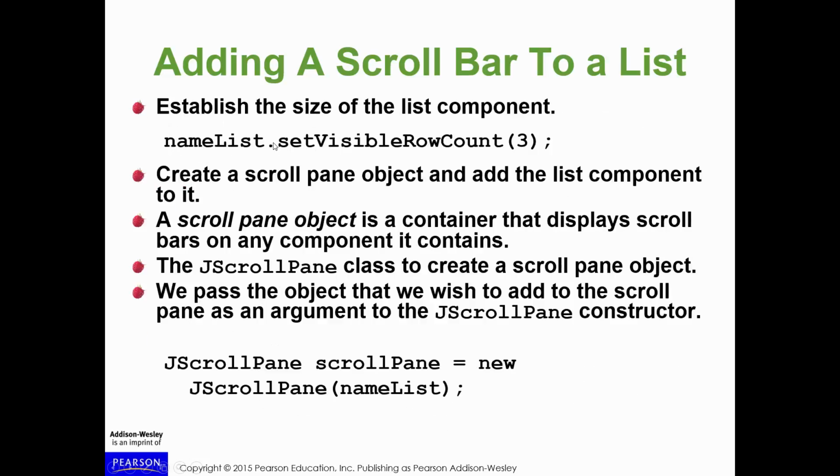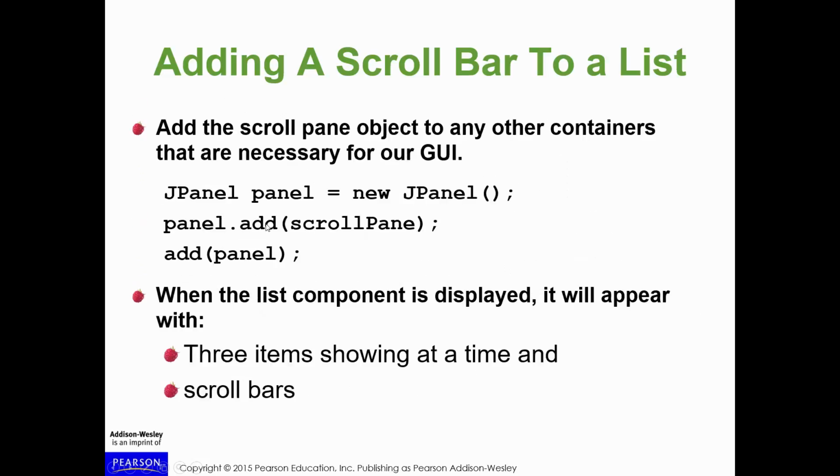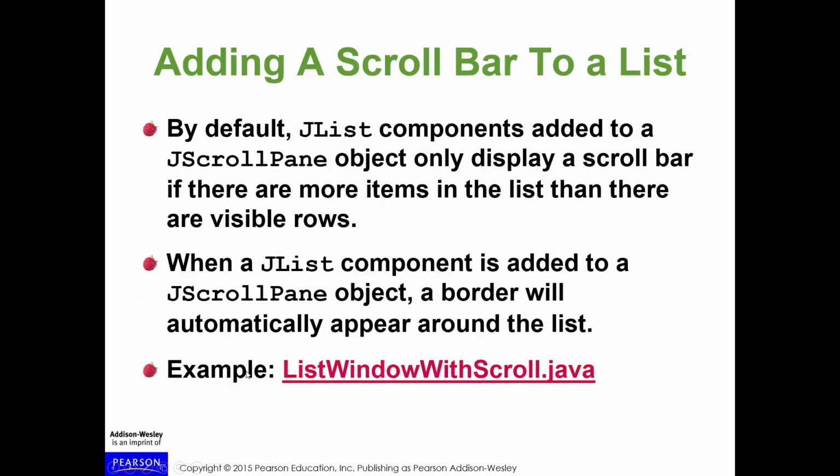Okay. We figure out how many rows we want to show. We create the scroll pane object as is shown right here. And then we add it to the panel. So, as mentioned here, when the list component displays, it appears with 3 items showing at a time and with scroll bars automatically.